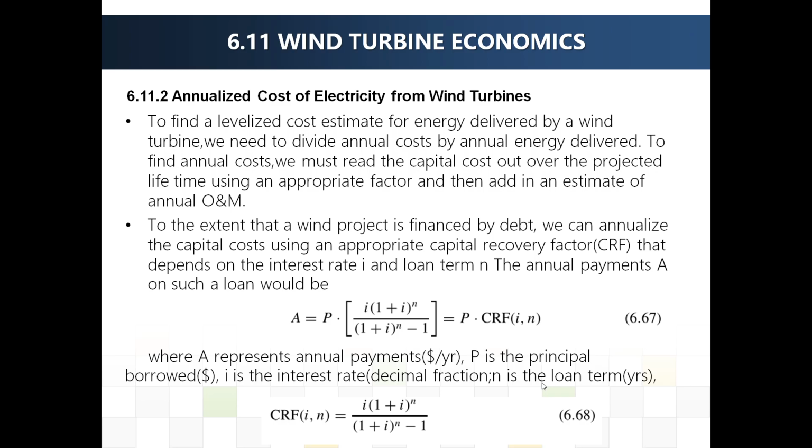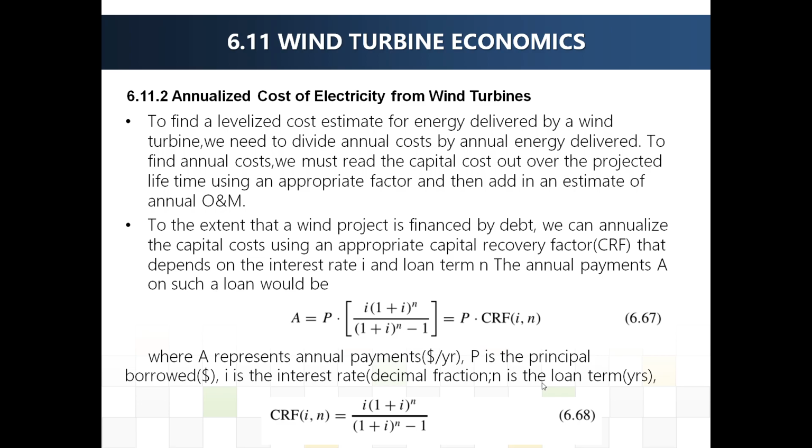To find the annual cost, we must spread the capital cost out over the projected lifetime using an appropriate factor and then add in an estimate of annual operation and maintenance. To the extent that a wind project is financed by debt, we can analyze the capital cost using an appropriate capital recovery factor that depends on the interest rate i and the loan term n.